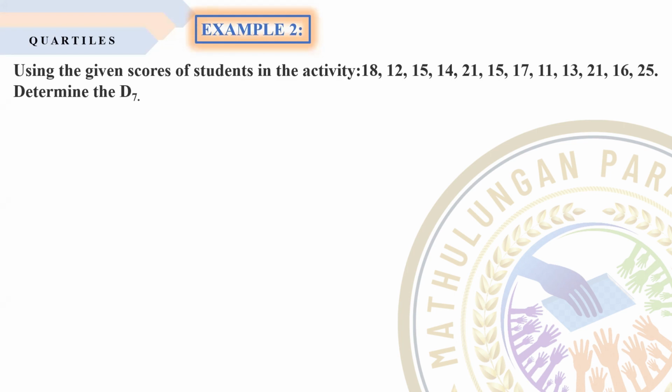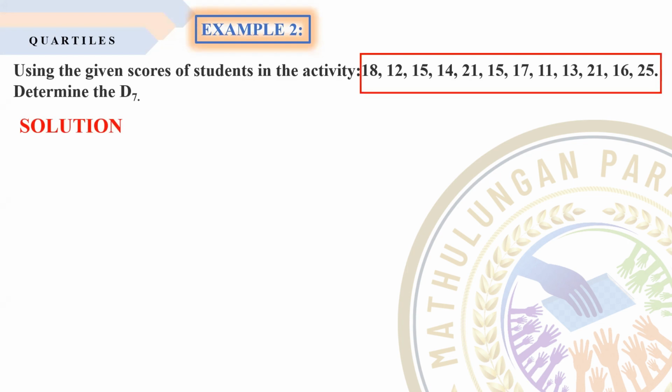So, using the interpolation method, we have to find our solution and we have to consider the data 18, 12, 15, 14, 21, 15, 17, 11, 13, 21, 16, and 25.